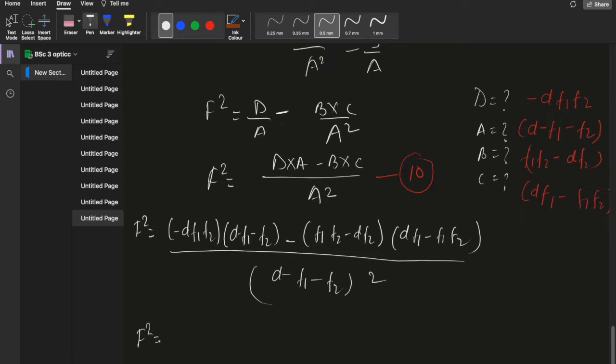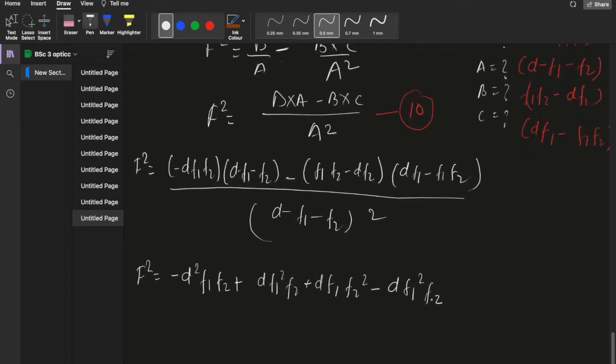Just simplify this, we will get F square is something: minus D square F1 F2 plus D F1 square F2 plus D F1 F2 whole square minus of D F1 square F2.